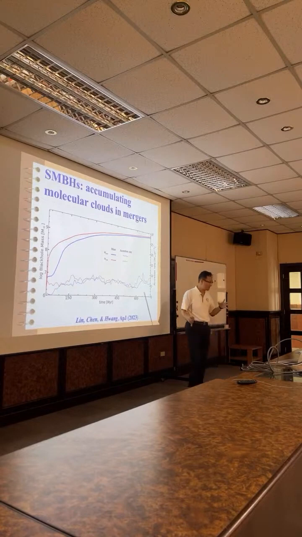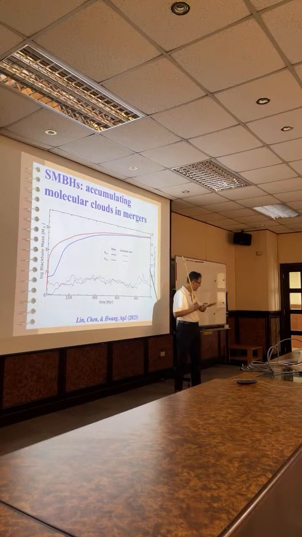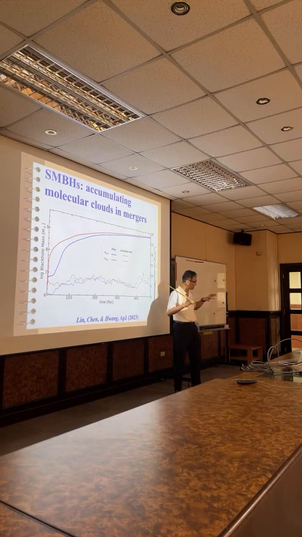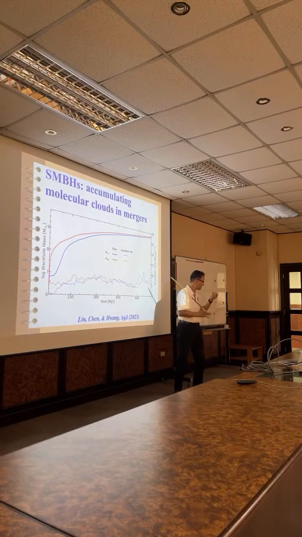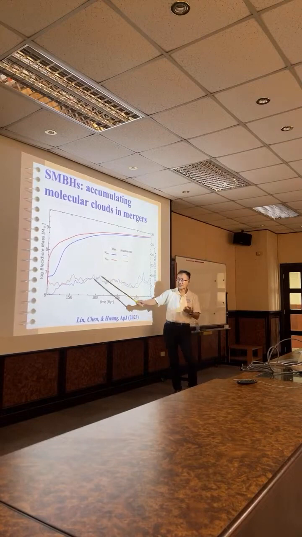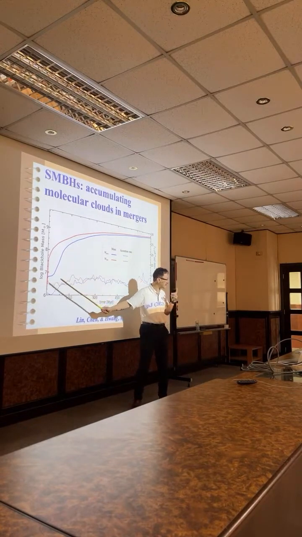At the beginning they don't have a supermassive black hole, but instead they have a set of massive black holes around the central region. This set of black holes very quickly goes into the center and becomes supermassive.